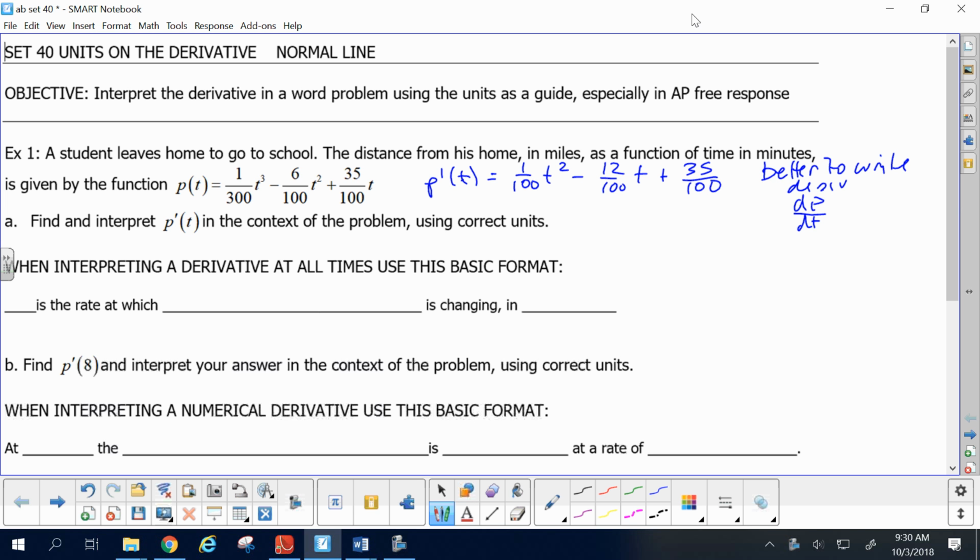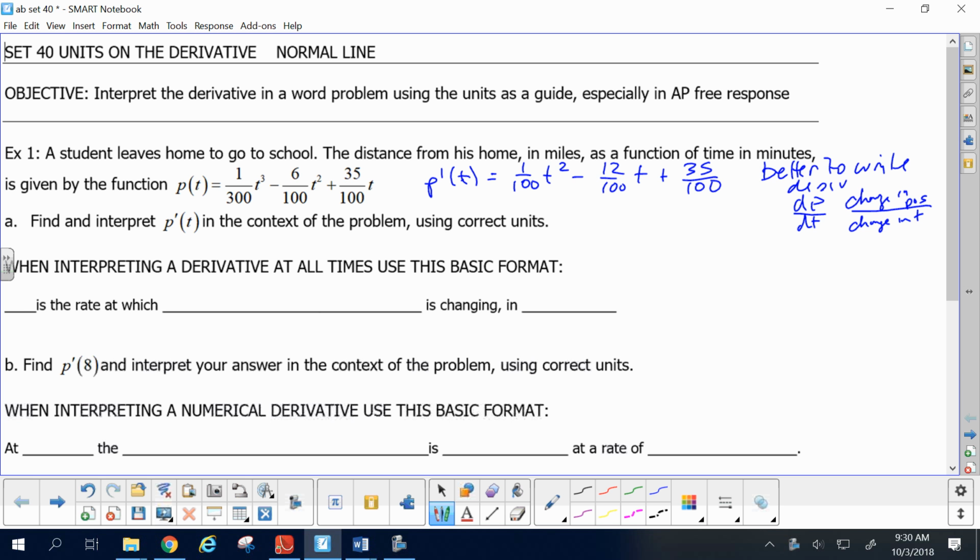When you go to interpret a derivative, if you write it this way, then it's really just staring you in the face. D is more like the calculus notation for delta, small change. So change in position over change in time.